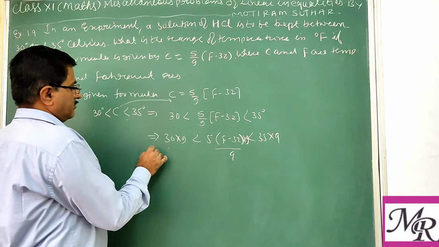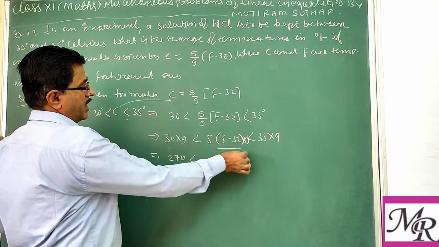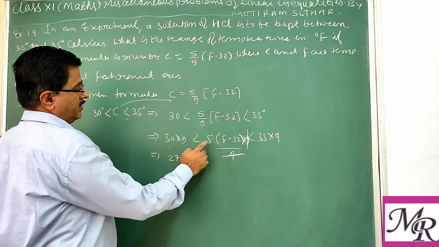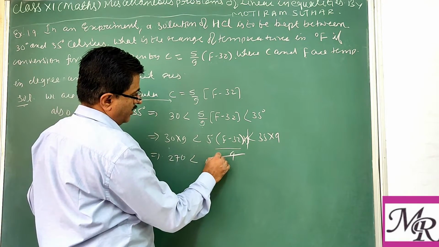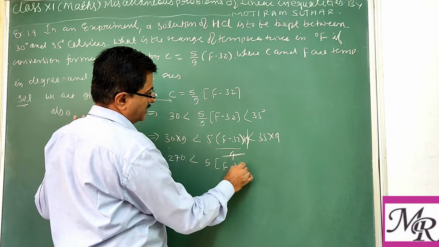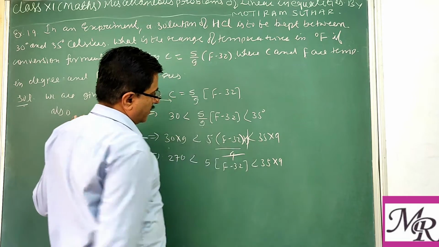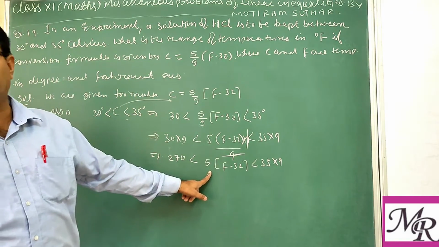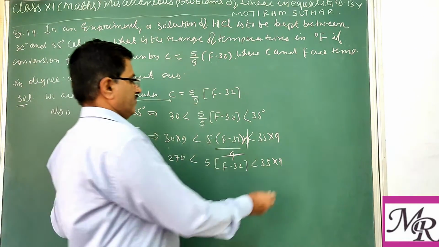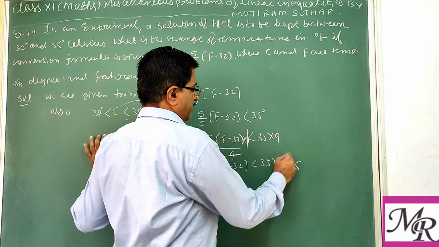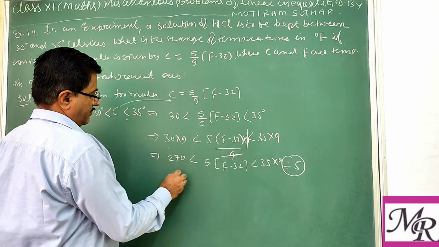So multiply and simplify. 270, 9 cancels with 9. So this will be 5 into F minus 32. This is 35 into 9. Now we have to remove this 5. So throughout divide by 5. So we divide by 5. Then 270 by 5.